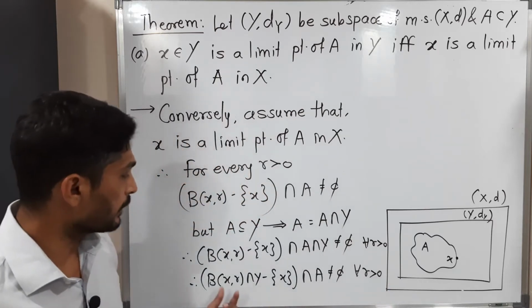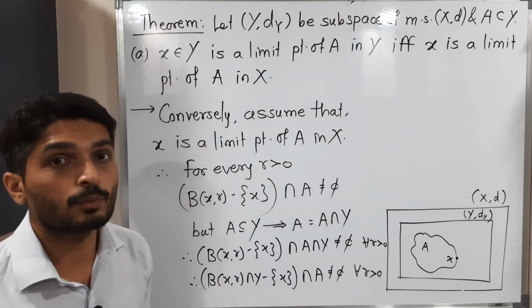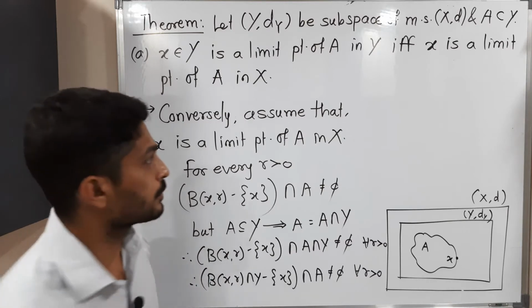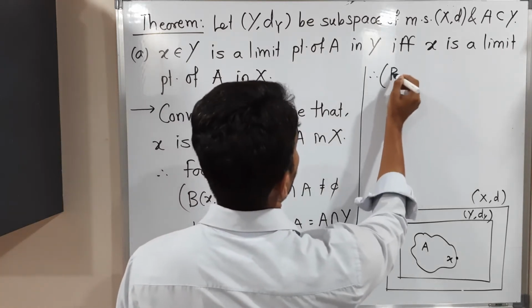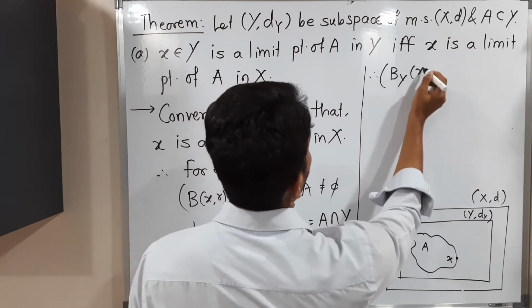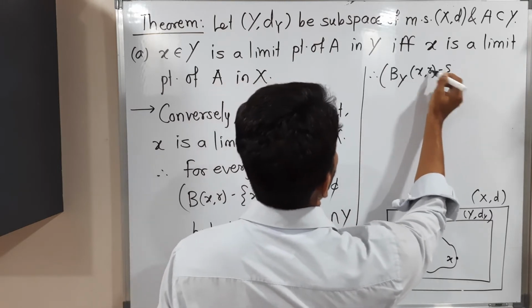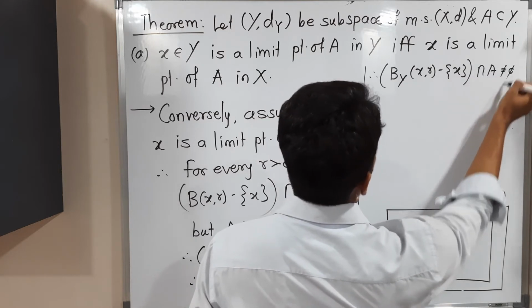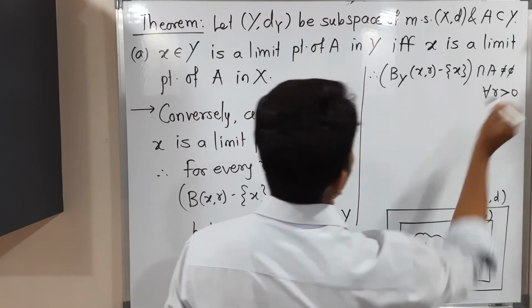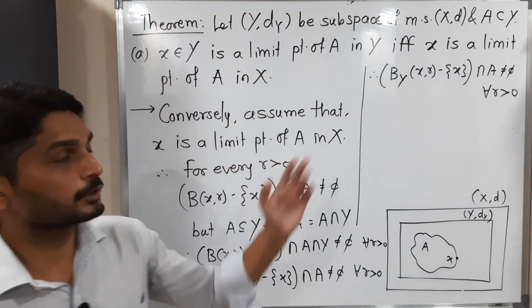You know that any open ball in X intersection Y means an open ball in Y. So this is nothing but the open ball in Y, B_Y(x,r), minus singleton x, intersection A, is not equal to phi for all r greater than 0. This is the definition of limit point.